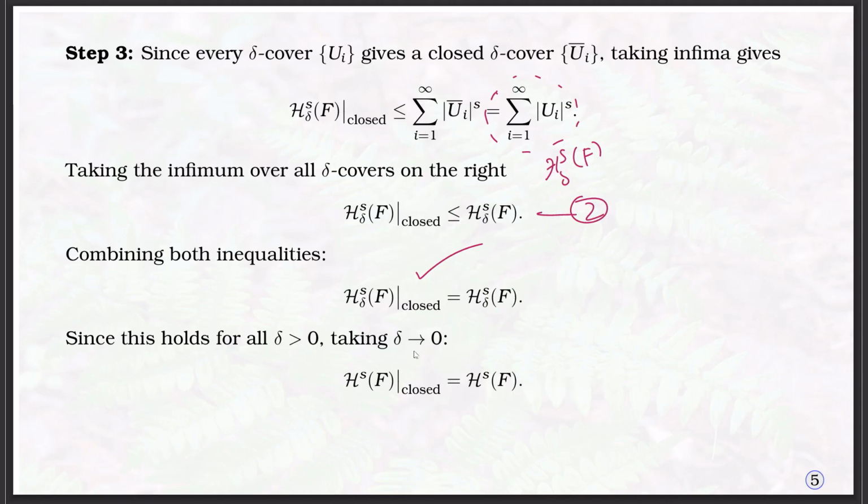Therefore, take delta tends to 0, then H^s of F restricted to closed sets equals H^s of F. So if you change the cover by closed sets, still the Hausdorff measure is the same. So with respect to closed sets, the s-dimensional Hausdorff measure is unaltered.